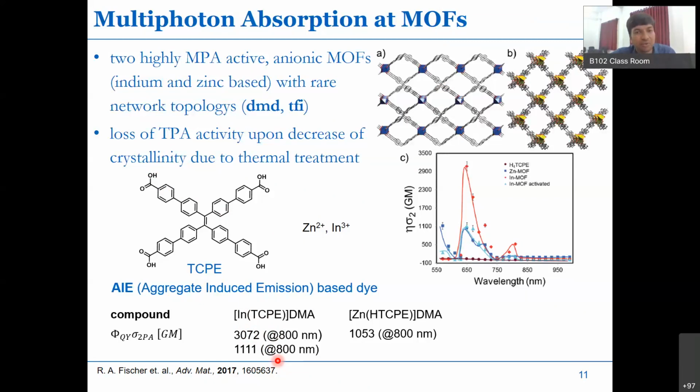This is one way we can prove that we can tune the nonlinear activity using the same material but different mechanisms: you reduce the crystallinity to reduce the nonlinear activity. And again, you can introduce a solvent, then the crystallinity is enhanced, and the lower intensity multiphoton response converts back into the highly NLO active material. So you can tune the properties.